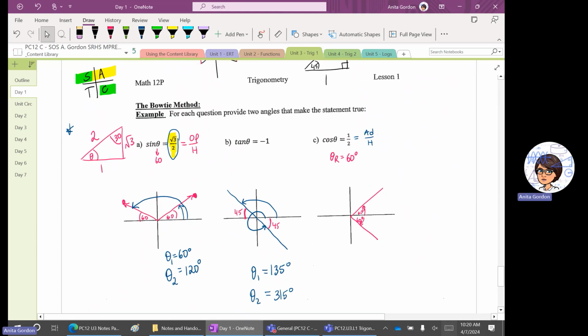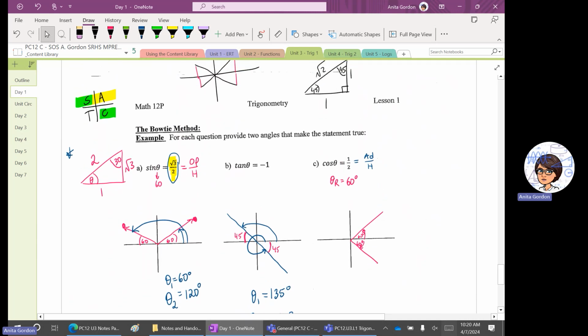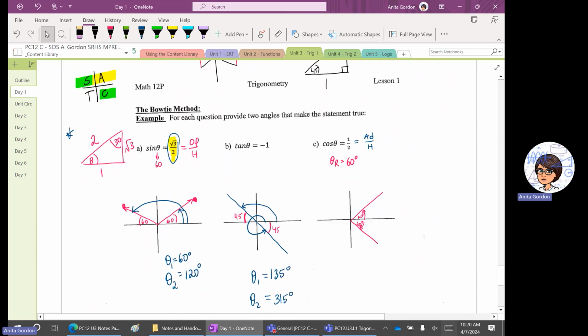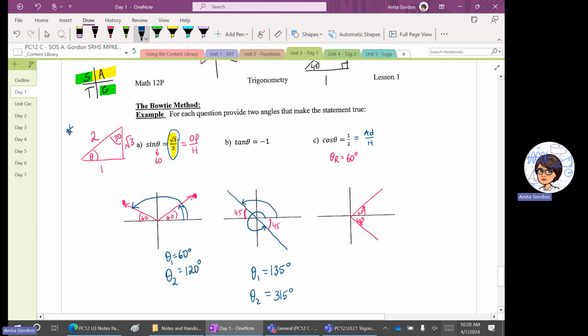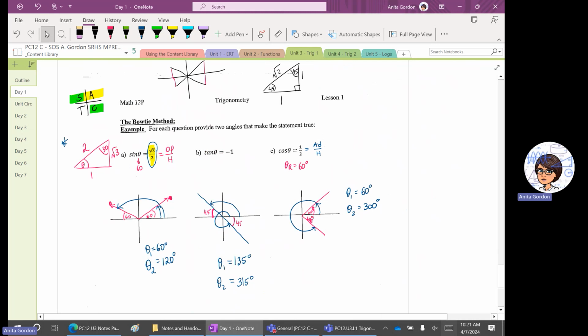So I have to be closest to an x-axis, and I have to be on the right side of the graph because cosine is positive. So again, in standard position, my option 1 is that theta is 60 degrees, and option 2 is that theta is 300 degrees.